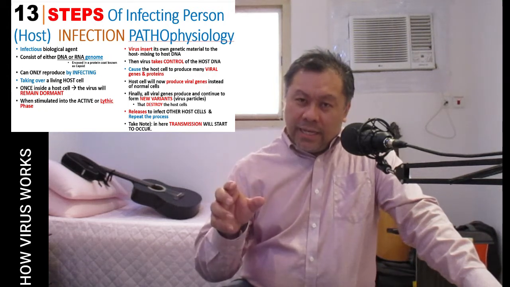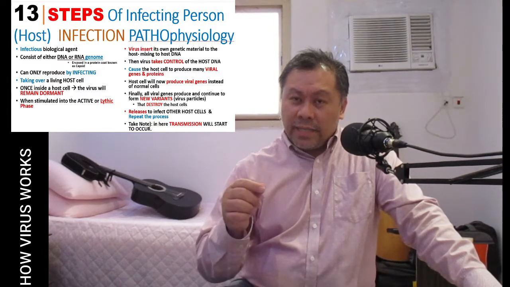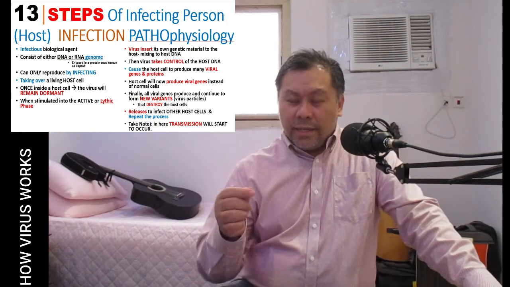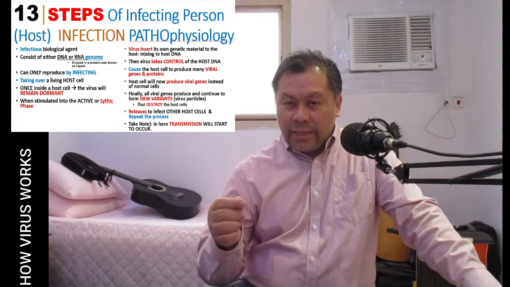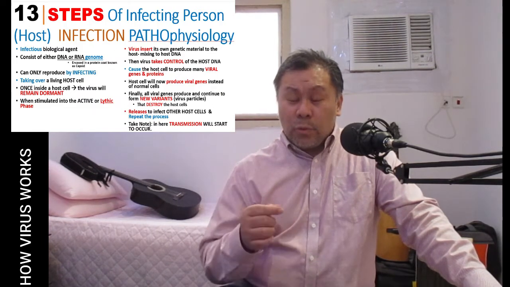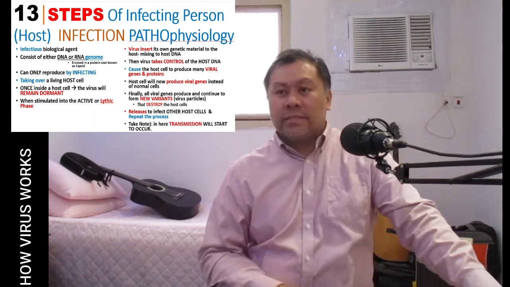Now, since the genetic material inserted by the infectious biological agent goes inside the cells, they combine, they dominate, they take control. So the host cell, instead of producing normal cells, is going to produce infectious cells.